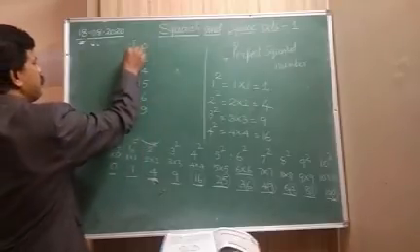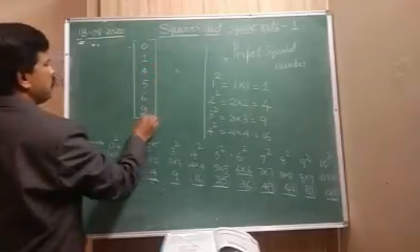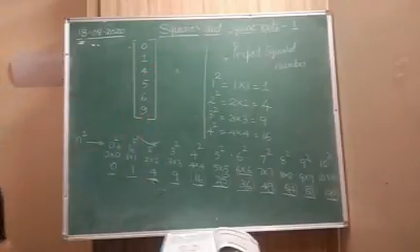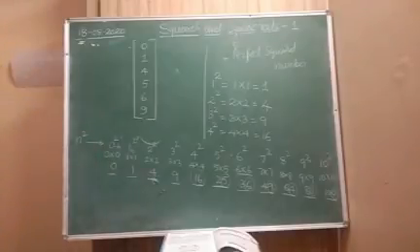See, the perfect square number's unit place is any one of these digits. Clear? A perfect square number ends with any one of the digits 0, 1, 4, 5, 6 and 9.